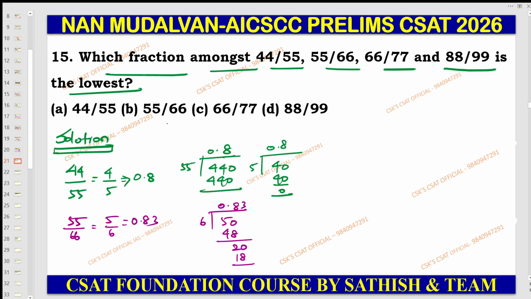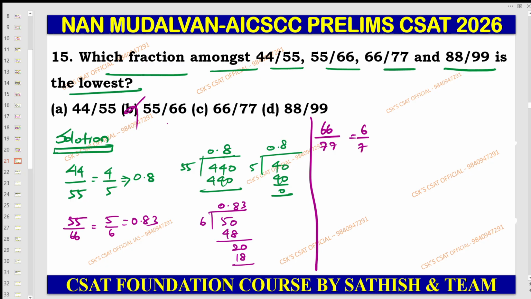Right, understand here. Now you can see, eliminate this one. 55 by 66 is greater than 44 by 55. You have to find out the lowest. So eliminate. At least some elimination will help you to breathe and get the confidence while doing this problem.